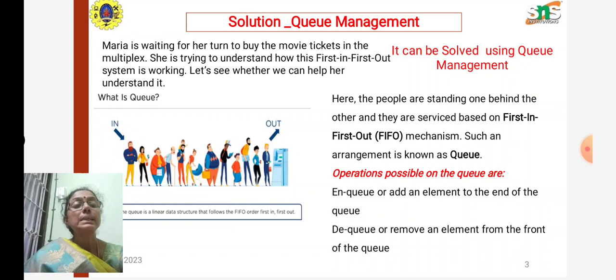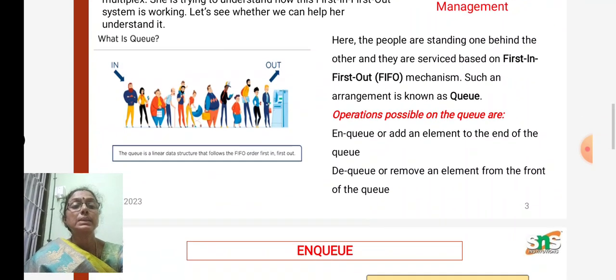NQ is an addition, so we can add an element at the end of the queue. The end of the queue is called the rear end. DQ means we can remove an element from the front of the queue. The position where DQ is done is called the front. So the NQ is done at the rear end and the DQ is done at the front end. These are the two positions we follow in the queue data structure.